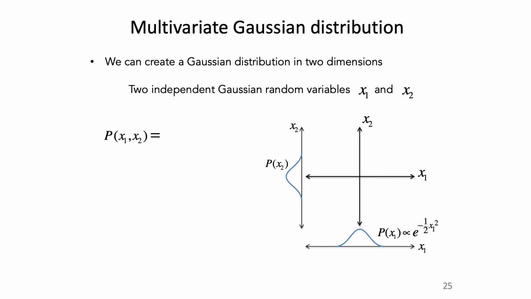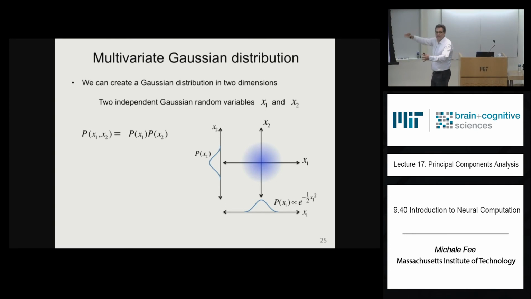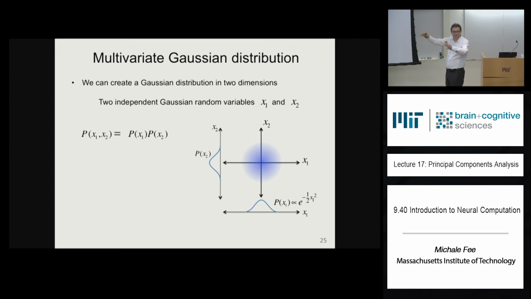We can write down the probability of x1 and x2, the joint probability distribution, assuming these are independent. We can write that as the product of the 2 probability distributions, p of x1 and p of x2. And we have some Gaussian cloud, some Gaussian distribution in 2 dimensions that we can write down like this.